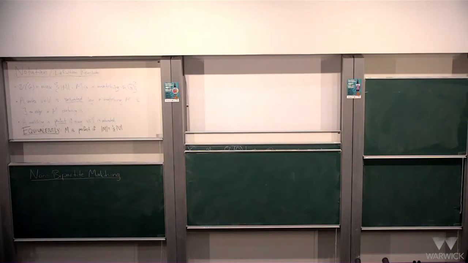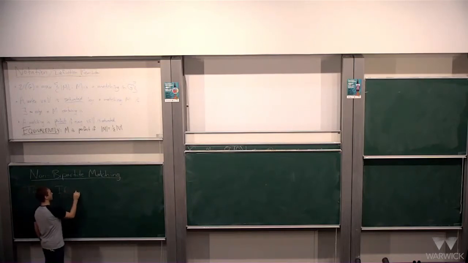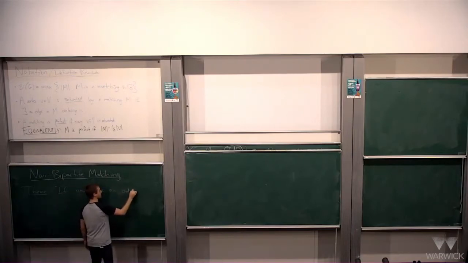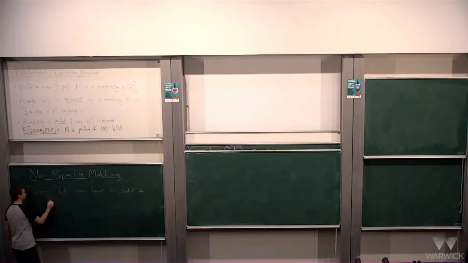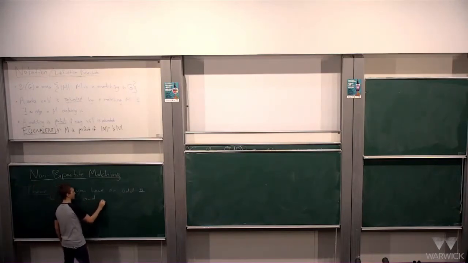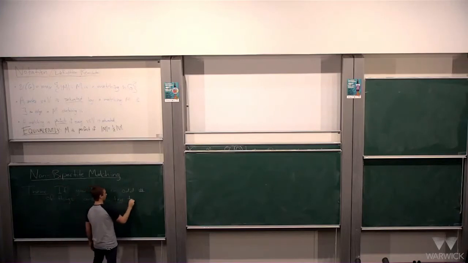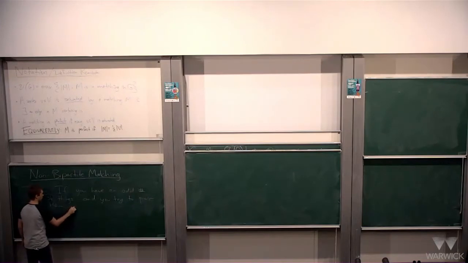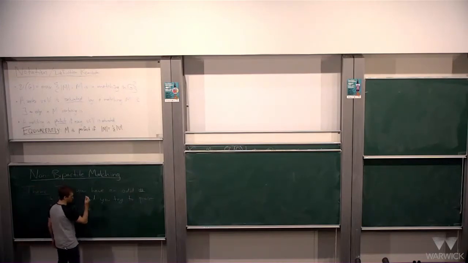So the theme today is a simple thing that I'm sure you've all observed: if you have an odd number of things and you try to match them up, or let's say pair them up, one of them always gets left out.